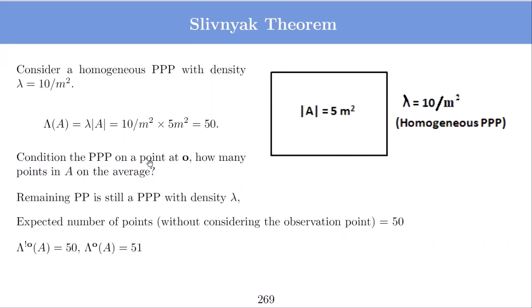So if you do not consider this point, then the rest of the points are Poisson, and they will be 50 on the average. So the total number of points in this square will be 51. So you can say that conditioning on there is a point at A, it is 51, and if I remove that point, then the rest of the points will be 50.